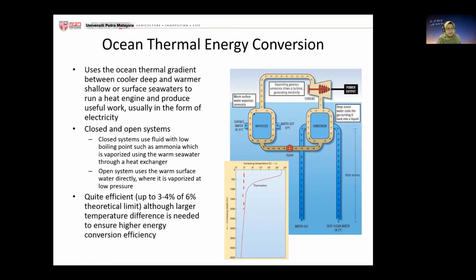So you have the warm seawater. That warm seawater will heat up or vaporize your fluid. Okay, and the fluid will move into the turbine, turns the turbine, produce the power that you need, and goes into the condenser where the cold water will drive the condenser.